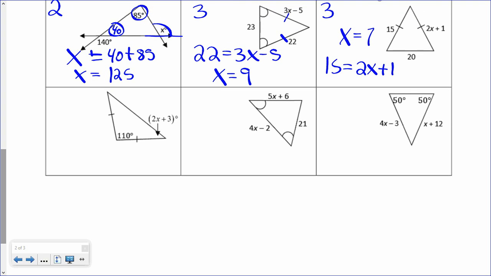Which theorem would I use to help out? Anybody want to tell me something they noticed about this triangle? Two lines are congruent. Okay, so two sides are congruent. What can you figure out if the two sides are congruent?